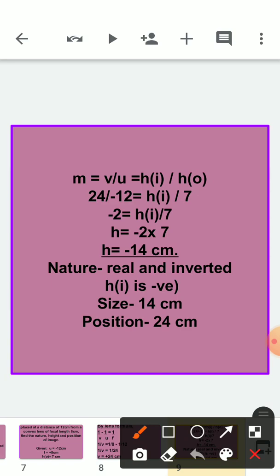By putting the values of V, U and HO, we get HI as 14 centimeters with a negative sign. Because HI has a negative sign, it means the image is forming below the principal axis, so it will be real and inverted, and the size will be 14 centimeters.